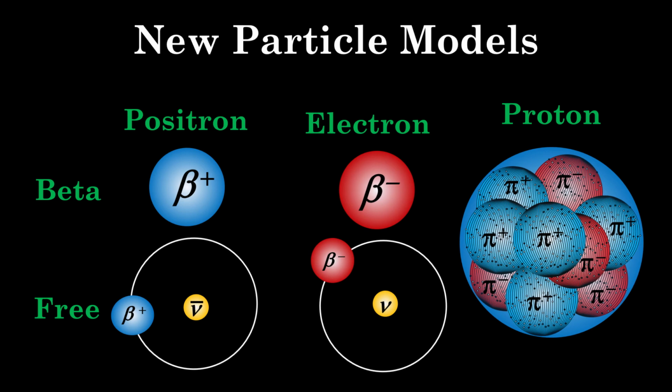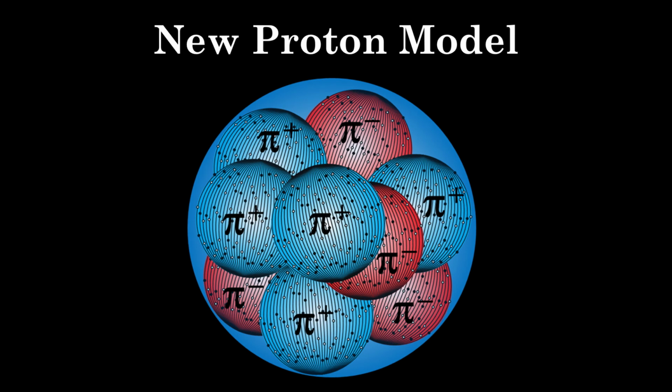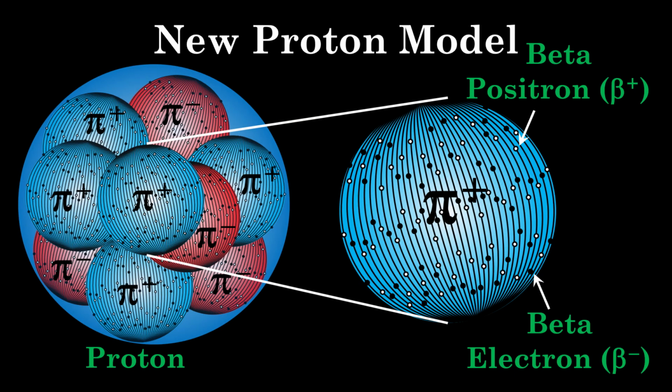We now have new models of the electron, the positron, and the proton. More comprehensive analysis of the electron-proton deep inelastic scattering data reveals the proton is likely made of 9 pions, and those pions made of particles we named beta electrons and beta positrons.